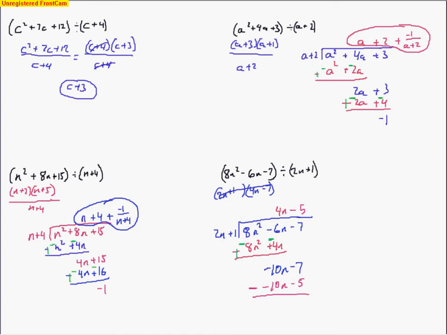So I'll do that right now. Plus, and then this becomes a positive, this becomes a positive. And you'll see how we can end up subtracting these 10n's now. We end up with negative 2 as the remainder. So we just write our answer as 4n minus 5 plus negative 2 over the divisor, 2n plus 1.